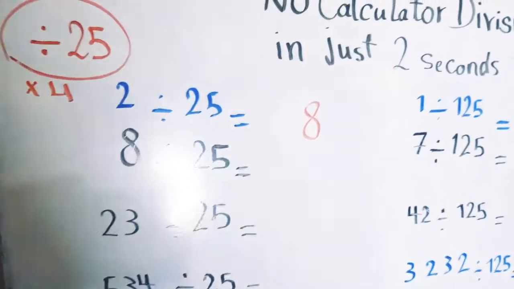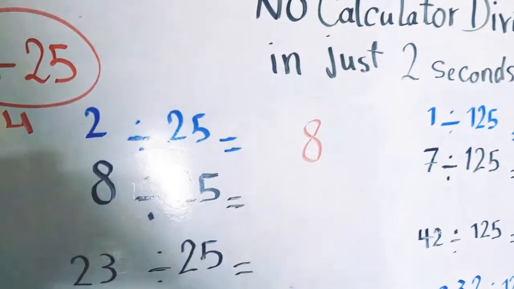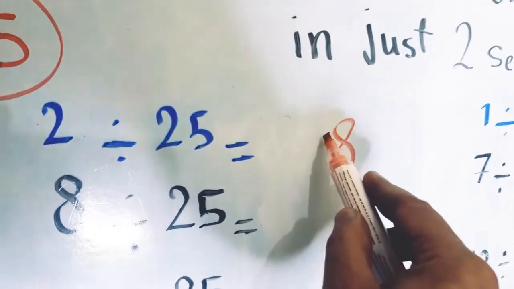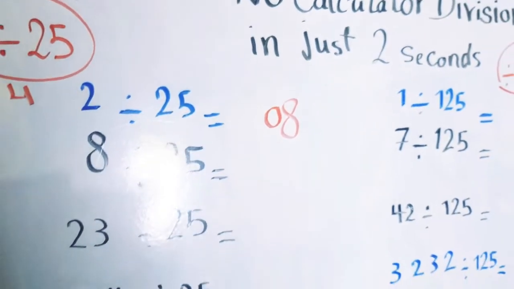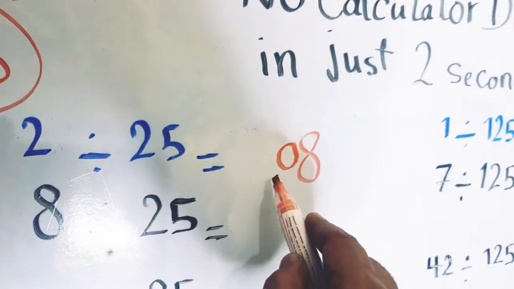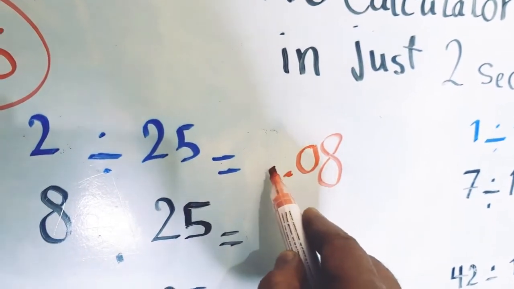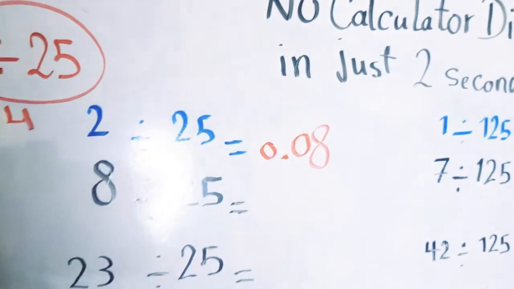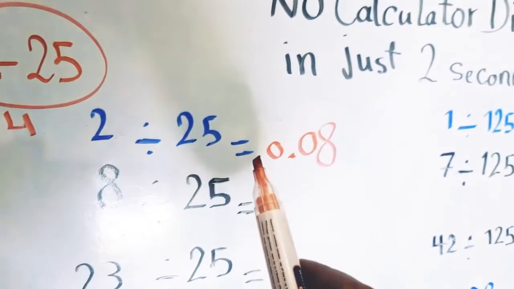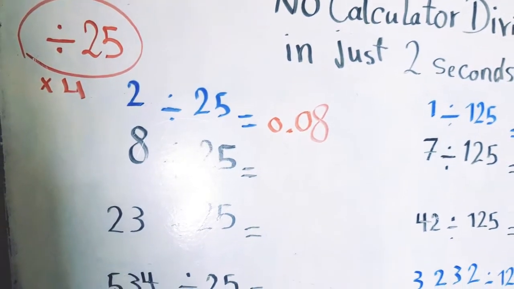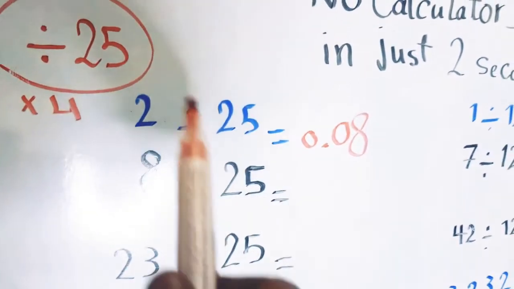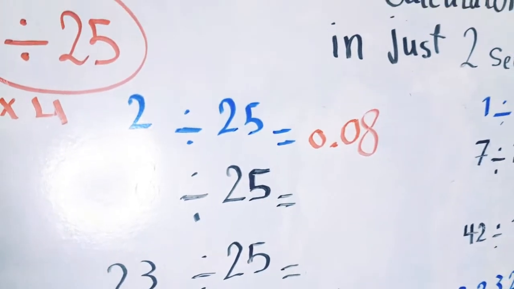Don't worry. The missing digit will be represented by 0. So we put 0 followed by 0.0. So 0.08 is the correct quotient of 2 divided by 25.